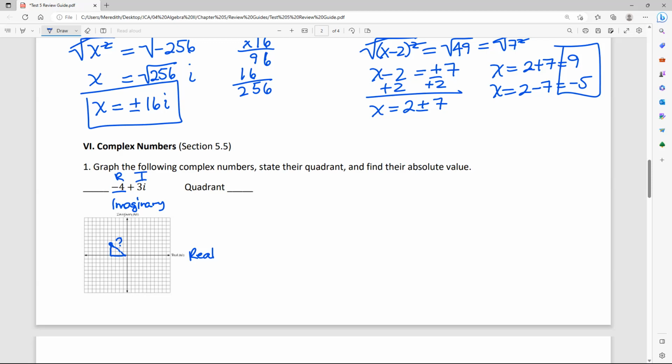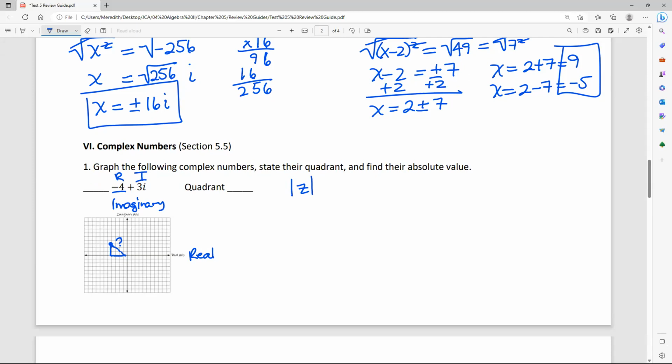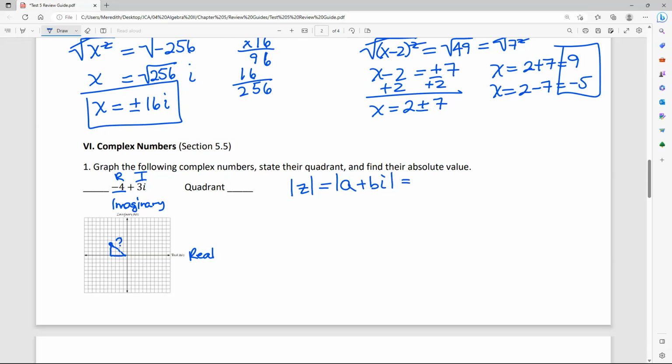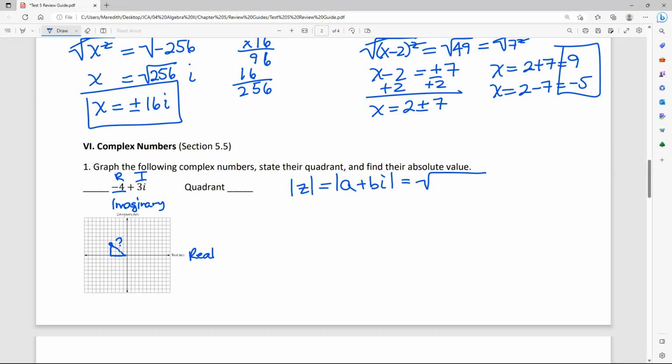We know that the absolute value of a complex number a plus bi is the square root, because of the Pythagorean theorem. c equals the square root of a squared plus b squared. So that's where this is coming from. This is the formula to make sure that you understand.